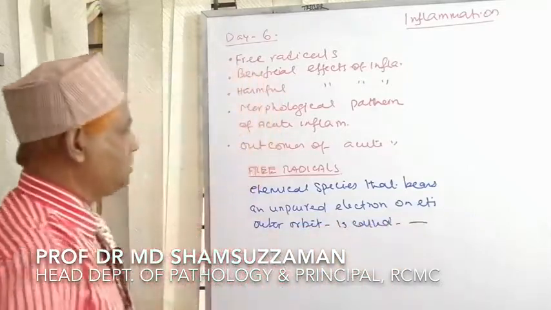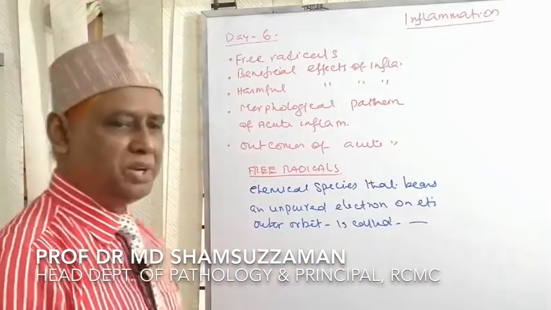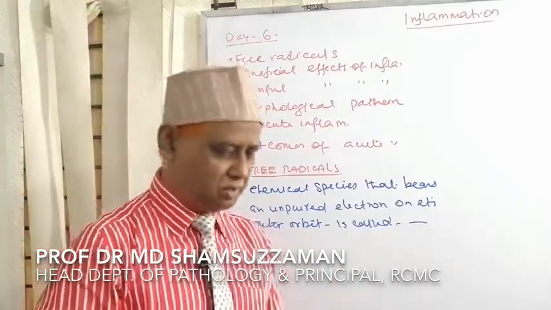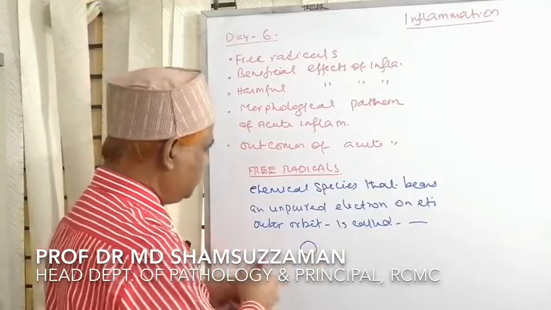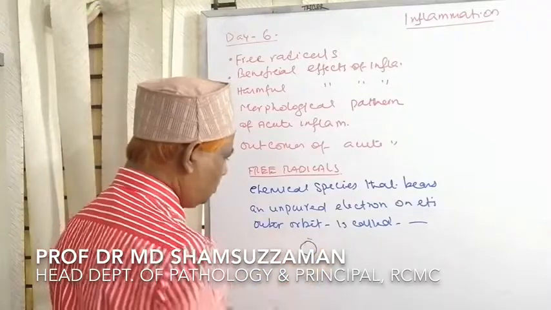So these are the chemical species that bear an unpaired electron on its outer orbit. Suppose this is the chemical species and this is the unpaired electron on its outer orbit.